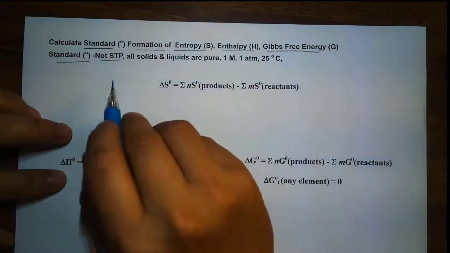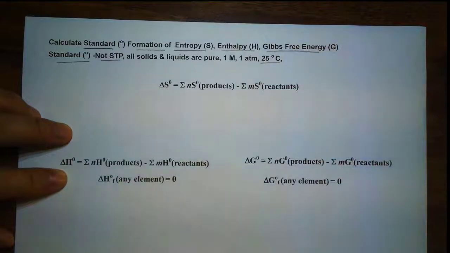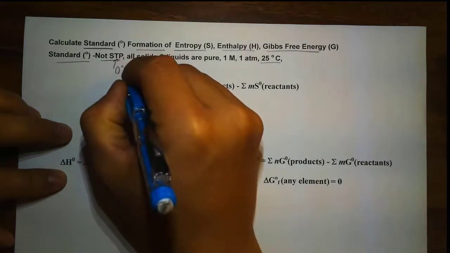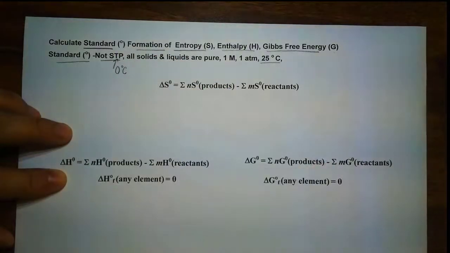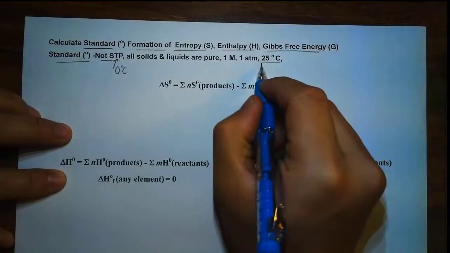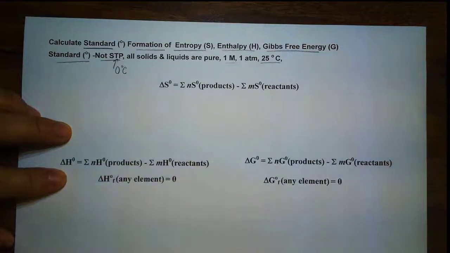It's not at 0 Celsius, but rather at 25 degrees Celsius. That is a very comfortable temperature. STP is referring to 0 degrees Celsius. That's freezing, really cold. But the pressure is the same, 1 atm. And when we talk about solutions, we're talking about 1 molar, or 1 molarity, of that solution.